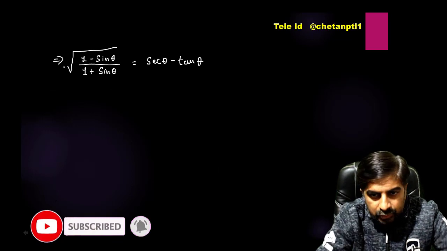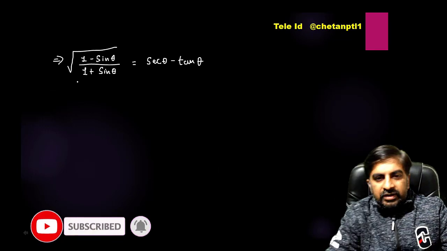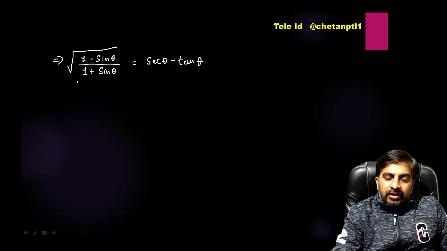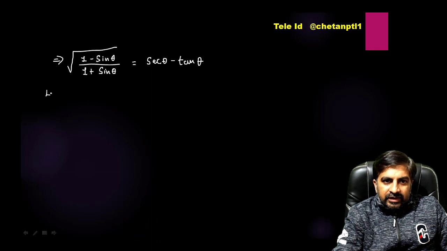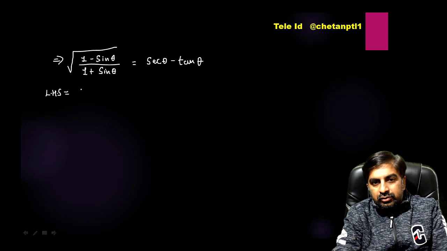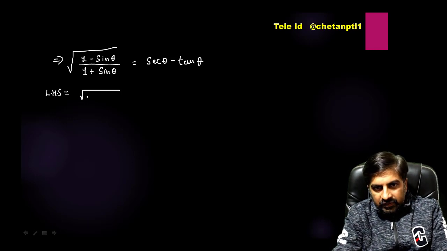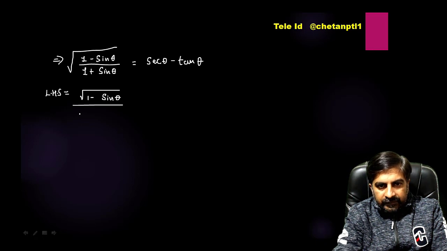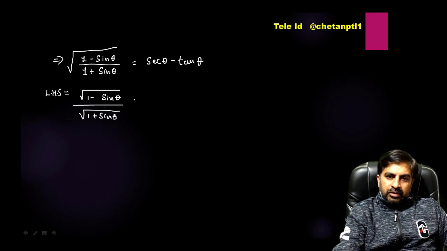And today's last question. Now you can see under root is there. So whenever under root is coming, one thing clicks in my mind, or it should click in your mind also, that we need to follow the rationalization process when the root sign is coming. First I have distributed this root to the numerator and denominator separately.